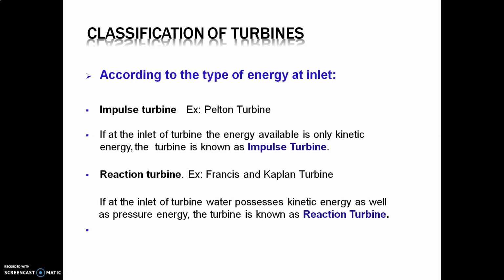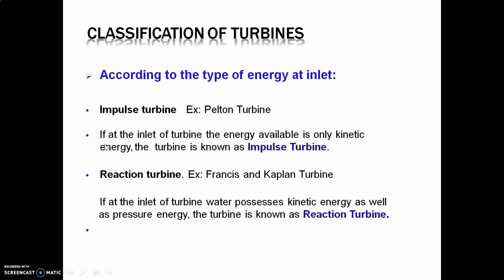Before going on to the details of turbine, let us see how turbines are classified. There are various criteria for classification of turbines. According to the type of energy at the inlet, we have impulse turbine, an example is Pelton wheel or Pelton turbine. And what are impulse turbines?